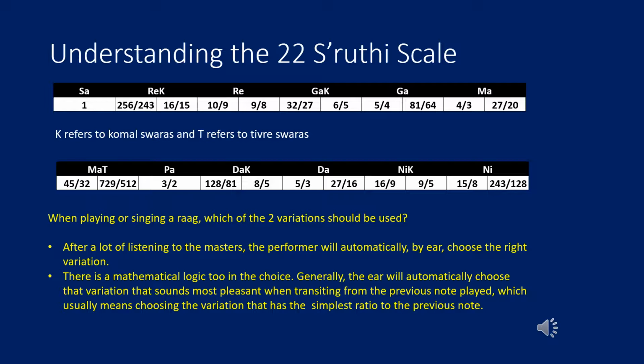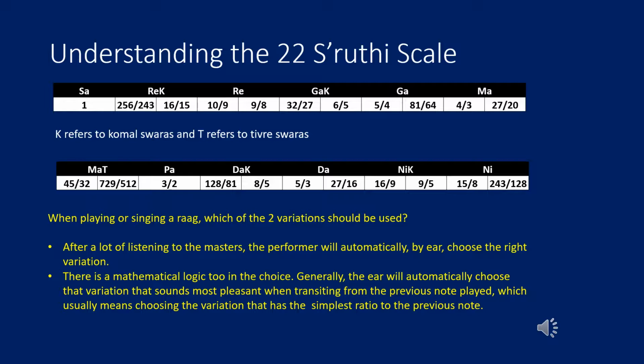Basically, the 22 notes are your sa, pa, and with the remaining 10 notes, the usual 10 notes, there are two variations to choose from, and the two variations differ slightly from each other. When playing or singing a raga, which one of the two variations should be used?